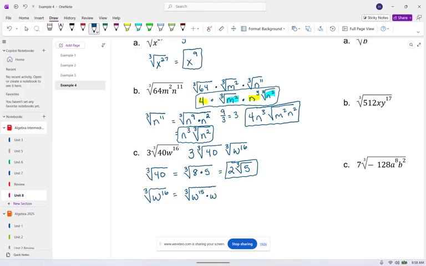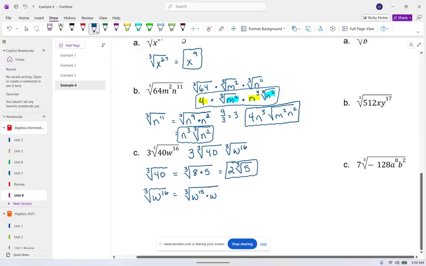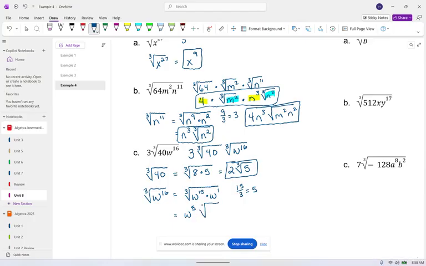And again, we'll just do 16 minus 15 to get 1. That's what's left over. And now we can take 15 divided by 3 to get 5. That's what our new exponent's going to be. So this is going to be w to the 5th that will come out, and left on the inside will be the cube root of w.